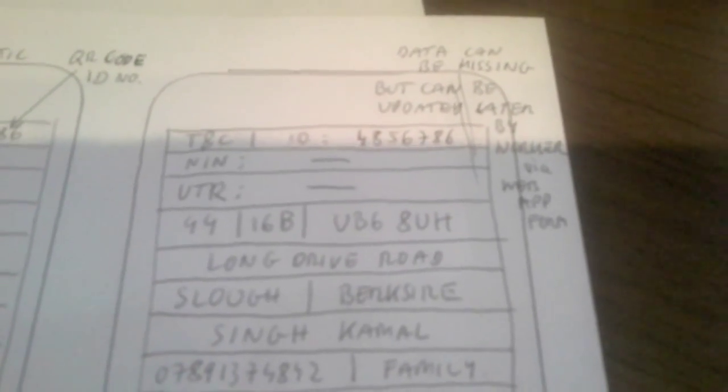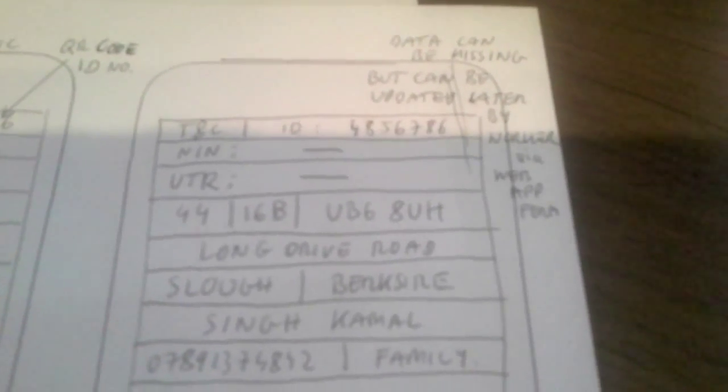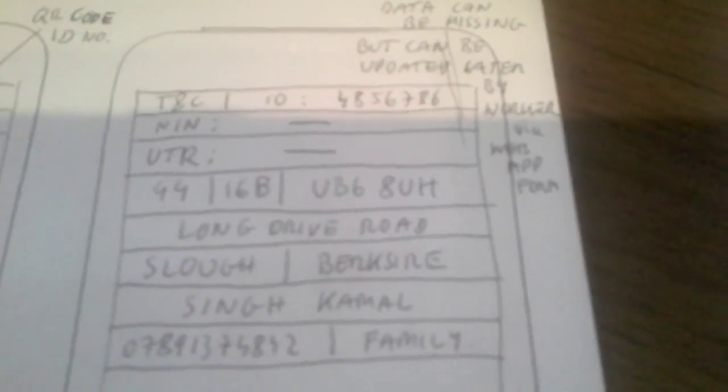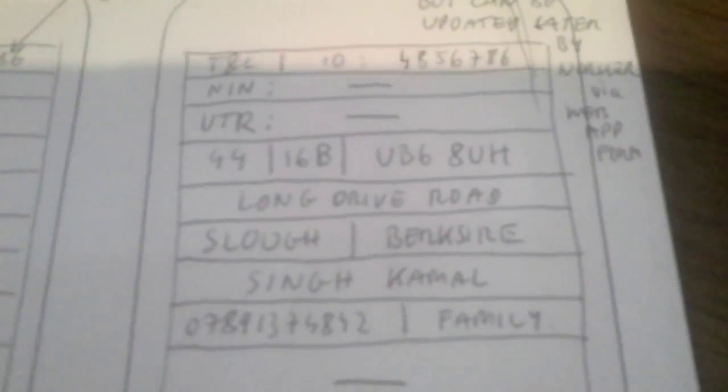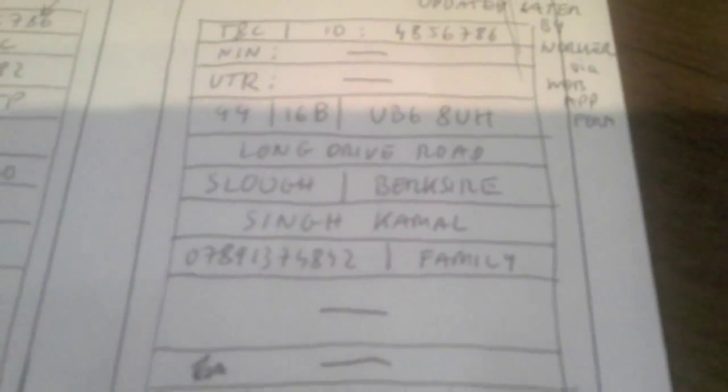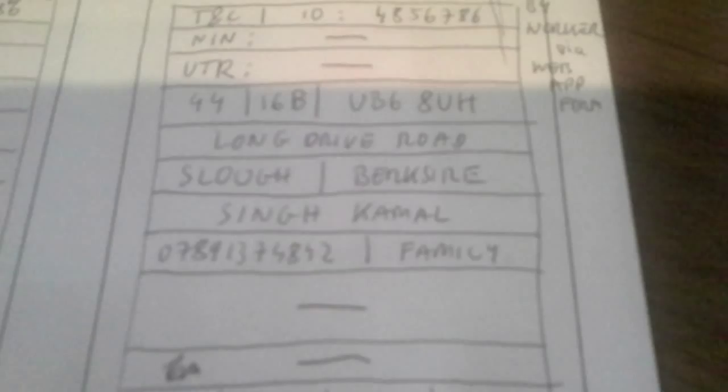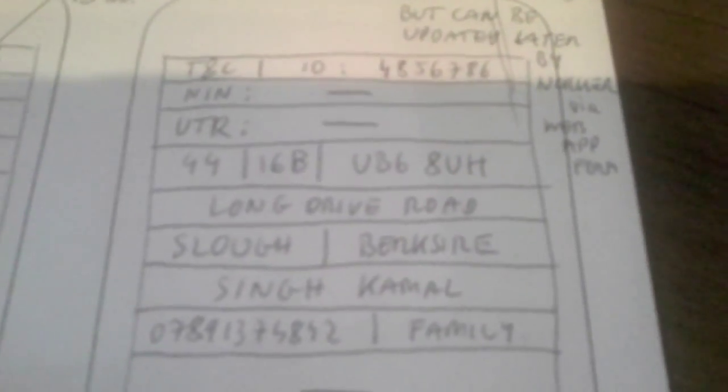In England it's always avenue, road or something, so it's always a street name. Slough is a town, and Berkshire is a county. It could be London and Greenford, for example, like in this example, this area of London. So he will fill that in. These are his exact postal address.